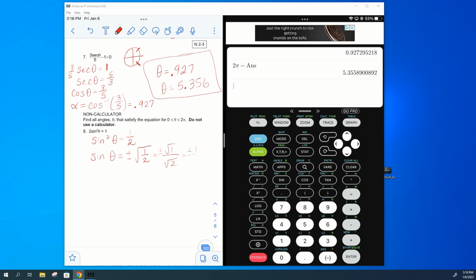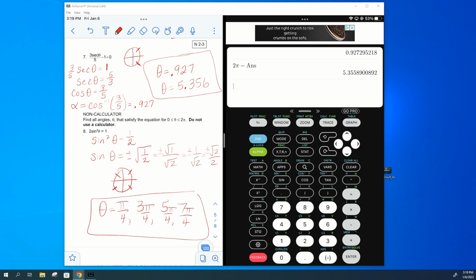So plus or minus 1 over square root of 2, which is square root of 2 over 2. And oh, goodness, you know that that's all of the pi over 4s. And so my 4 answers are pi over 4, 3 pi over 4, 5 pi over 4, and 7 pi over 4. No calculator needed.